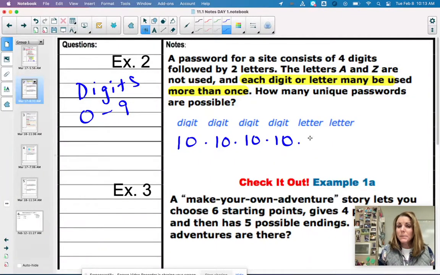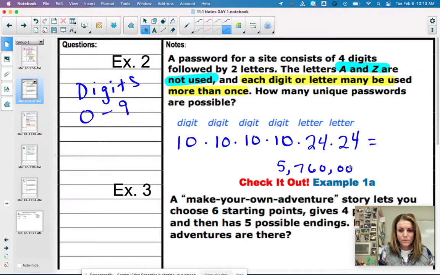Letters, when we talk about the letters in the alphabet, but we're excluding A and Z, there are 24 letters because there are 26 letters in the alphabet, and A and Z are not used. When we multiply all those together, we get this. That is how many unique passwords are possible using 4 digits and 2 letters, excluding the letters A and Z.